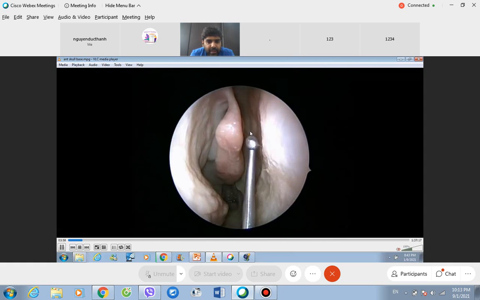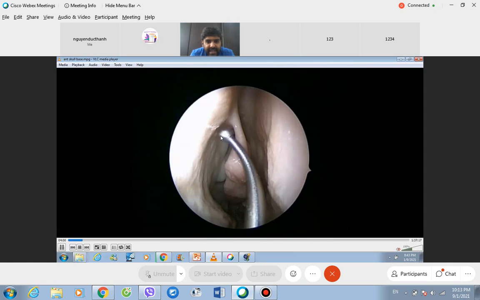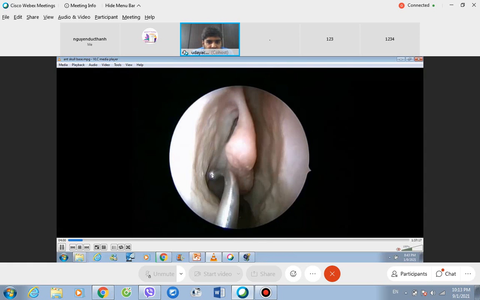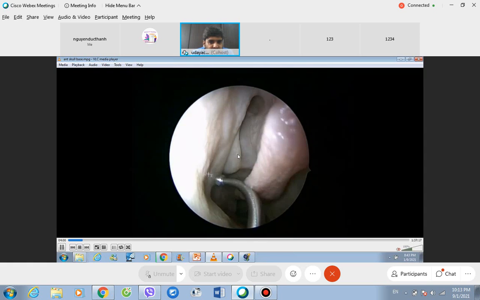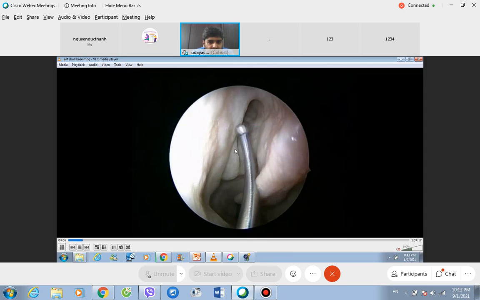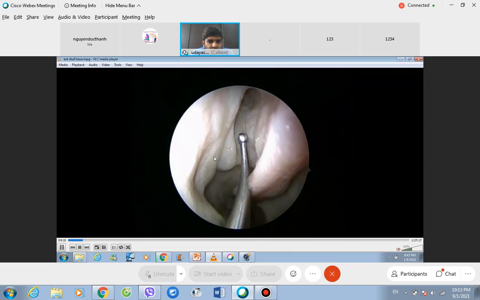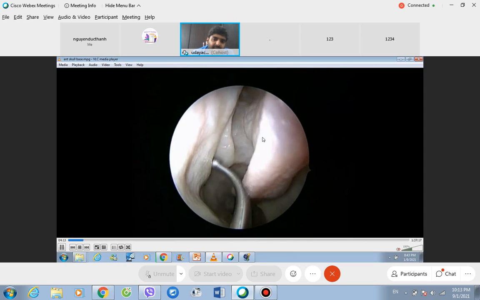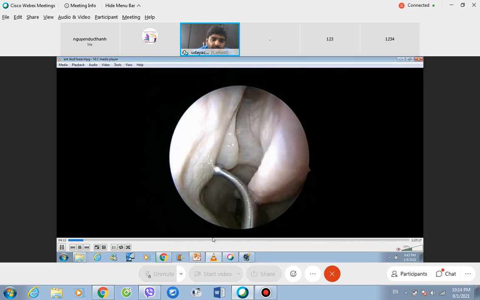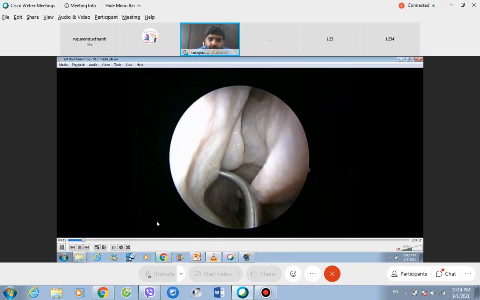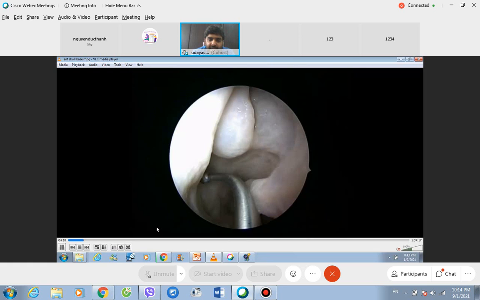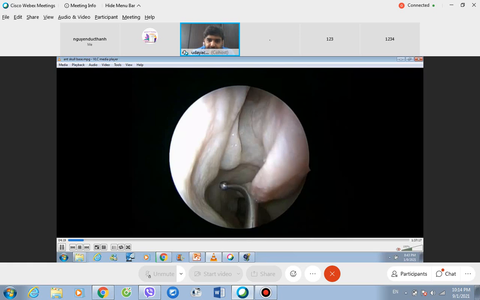And medial to the middle turbinate, this is the axilla of the middle turbinate. This is the uncinate process, and this is the bulla ethmoidalis. This is the uncinate, bulla ethmoidalis, and this is the middle turbinate. See, if we remember, the first part of the middle turbinate is in the sagittal plane.